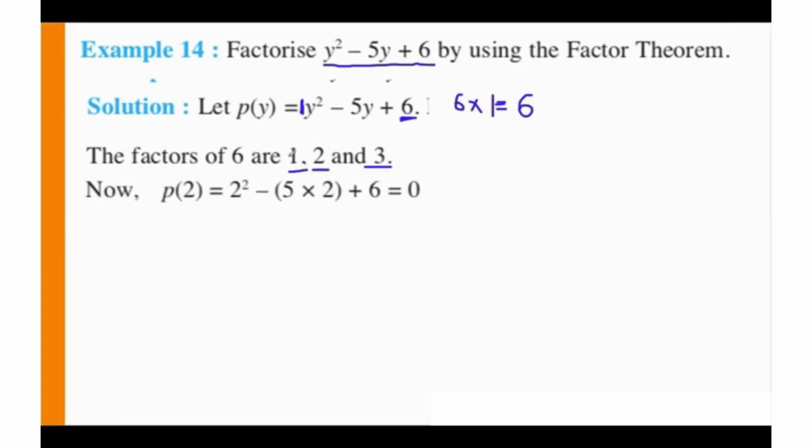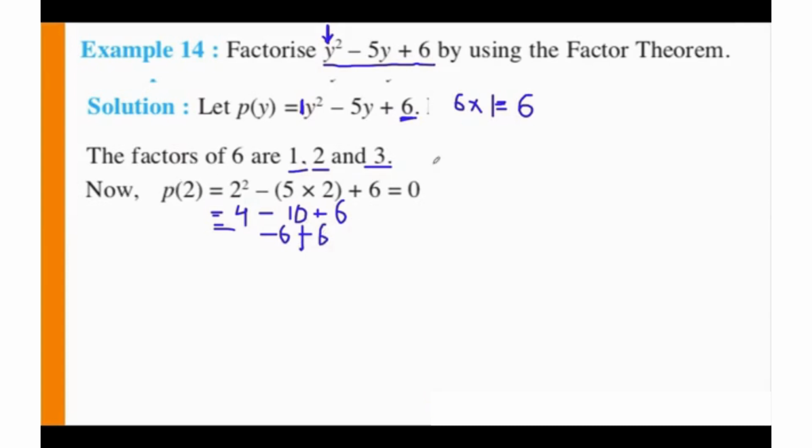Now we will put these factors one by one into this quadratic polynomial to find the zero of it. So let's find p of 2. p of 2 gives us 2 squared minus 5 into 2 plus 6, which will become 4 minus 10 plus 6, and that is equal to minus 6 plus 6, and that gives you 0.